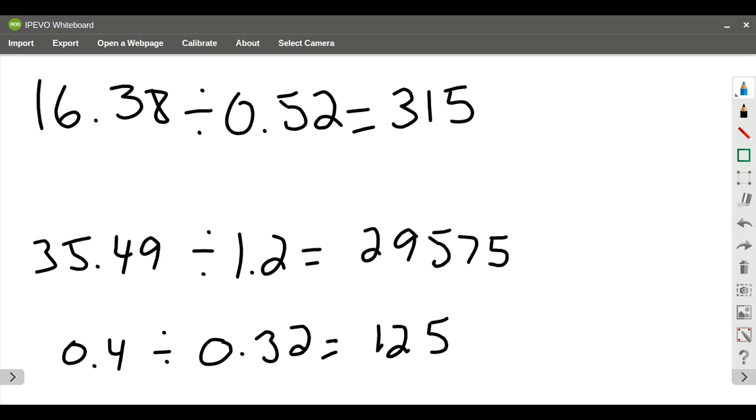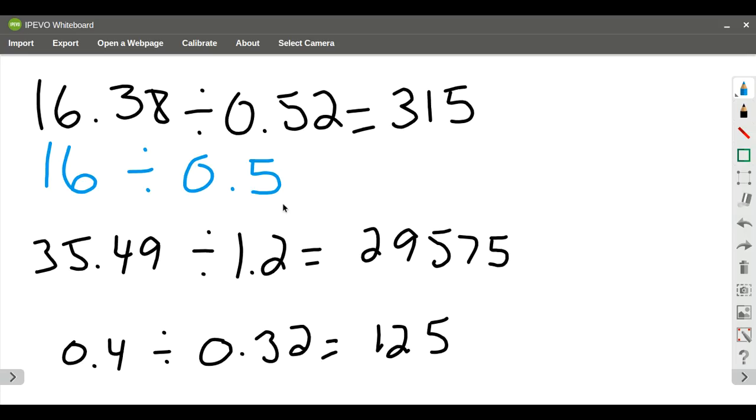So I'm going to go ahead and round 16, and I'm going to divide it by a half. When we are dividing by a half in my estimation, it's not going to be 8. If I were multiplying by 0.5, it would be the same thing as dividing by 2.